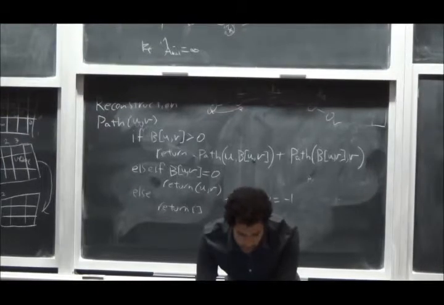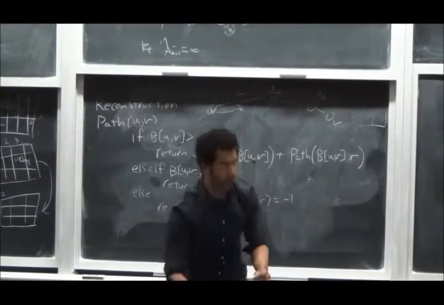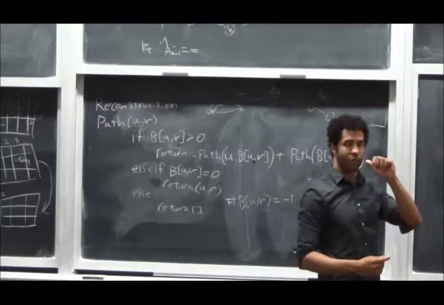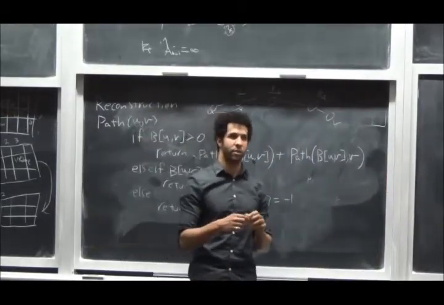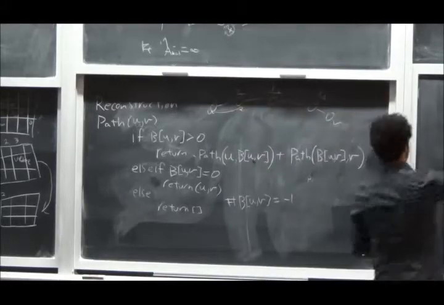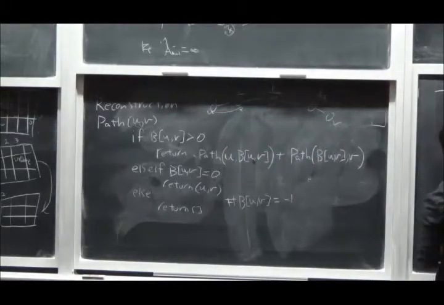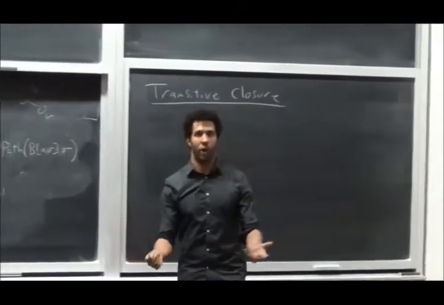But I think that there's a cooler subject, which is transitive closure. Do you guys know what transitive closure is? Do you know what transitivity is? A is to B is to C. So the general idea, people call it transitive closure. But the real English version would be: is there a path from U to B?